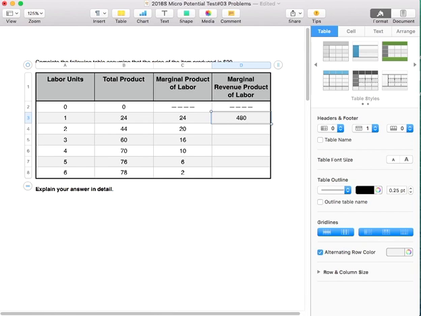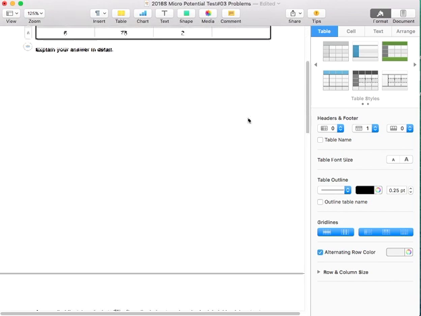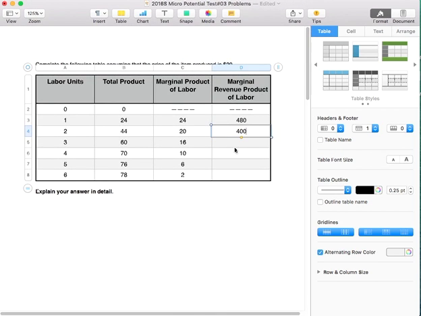So we have 24 multiplied by 20, and that is equal to 480. We have 20 multiplied by 20, which is equal to 400. We have 16 multiplied by 20, that's equal to 320.